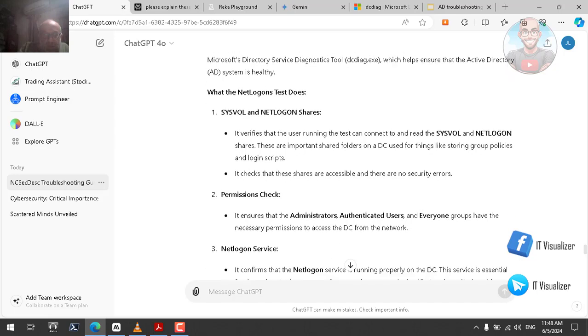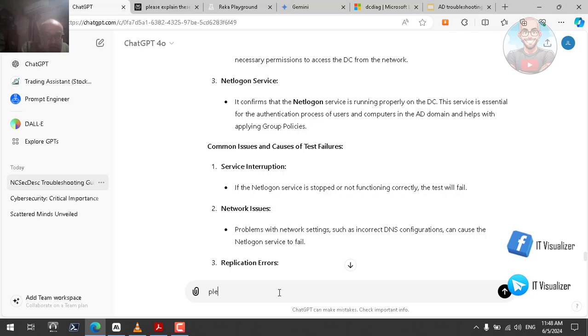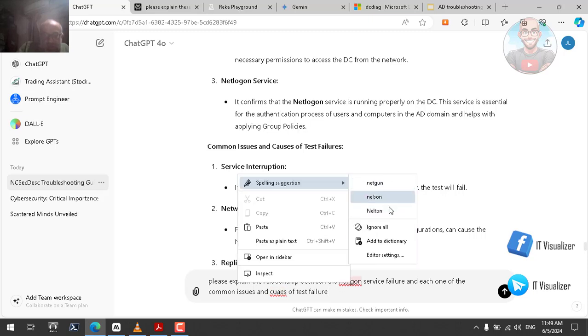First of all, let's ask: please explain the relationship between the Netlogon service failure and each one of the common issues and causes of test failure. Let's see how it will clarify.